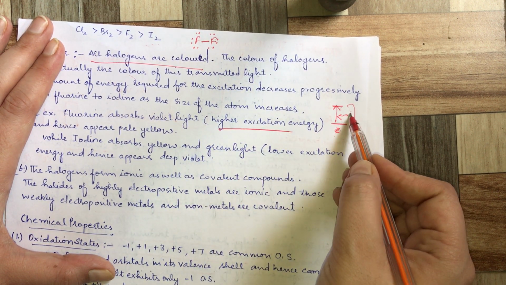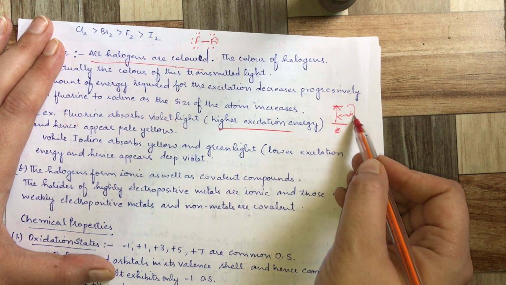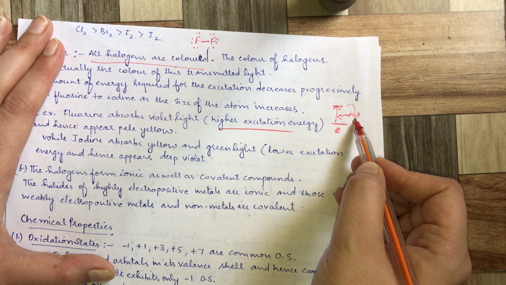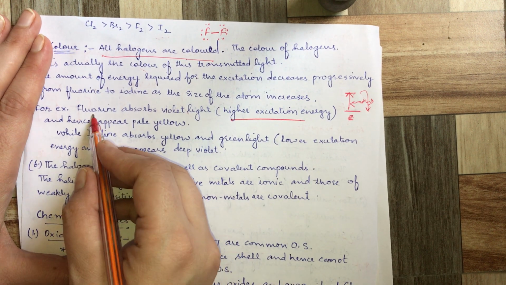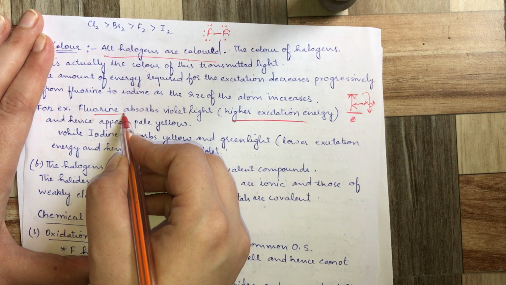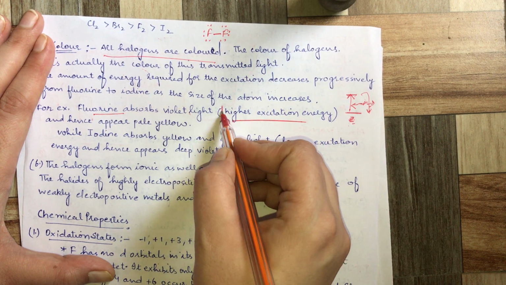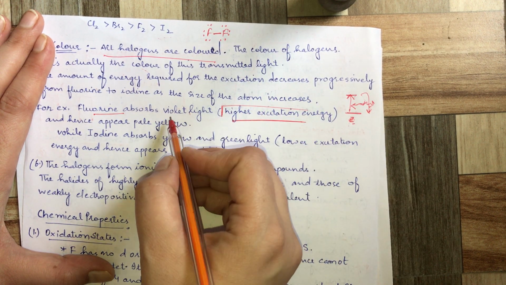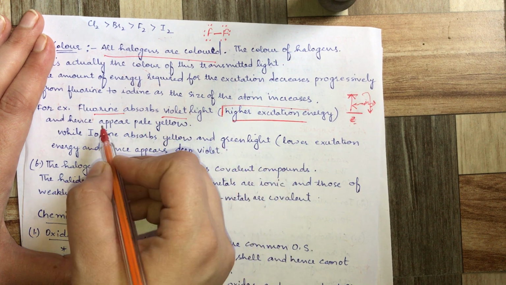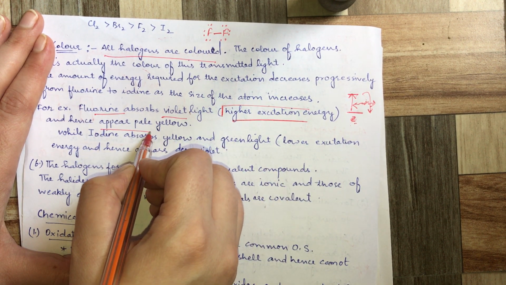And when it comes back, it emits light, which we see. So fluorine has the smallest size. So it is difficult to excite its electron, hence we require higher excitation energy. So it will absorb violet light, but it will appear pale yellow.